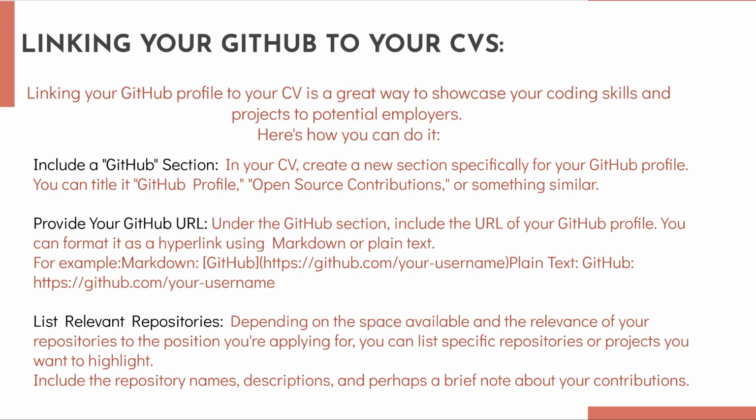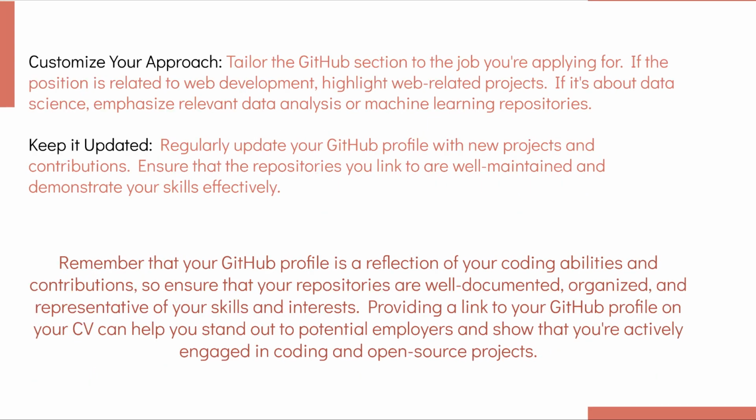And you can highlight relevant repositories, like if you have projects on GitHub that are relevant to the project you're applying for, then you can consider listing them in your CV. By linking your GitHub on your CV, you can demonstrate your coding skills and showcase your projects and make it easier to review your work.